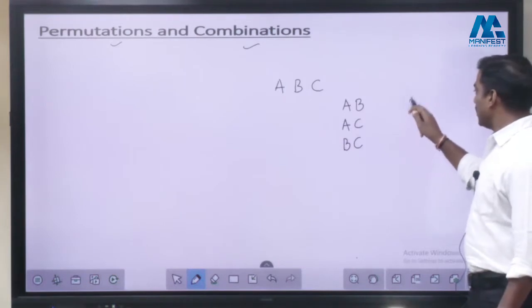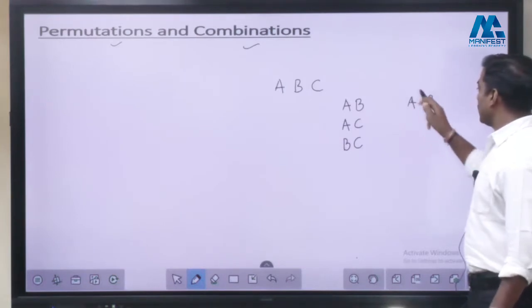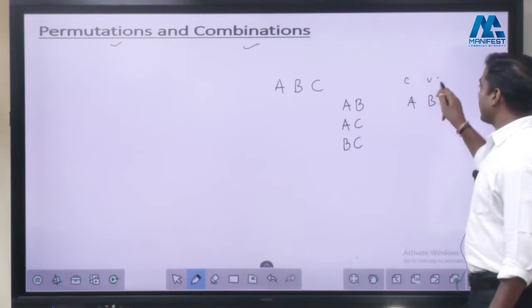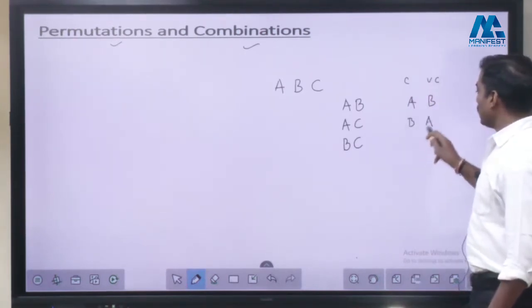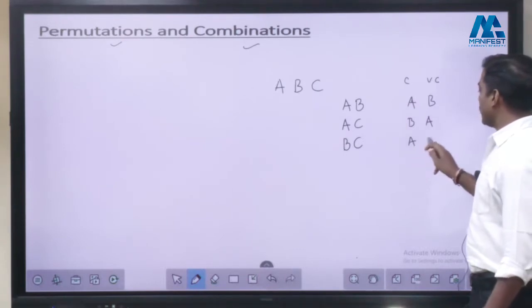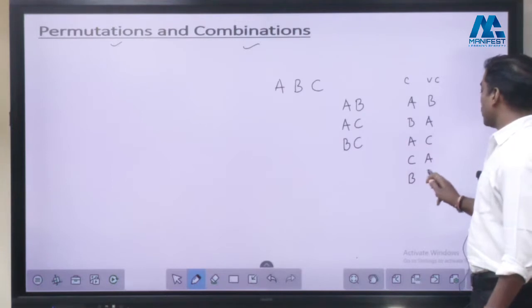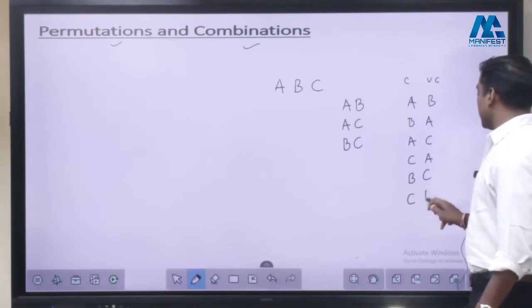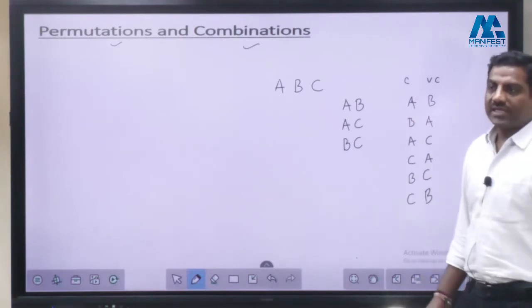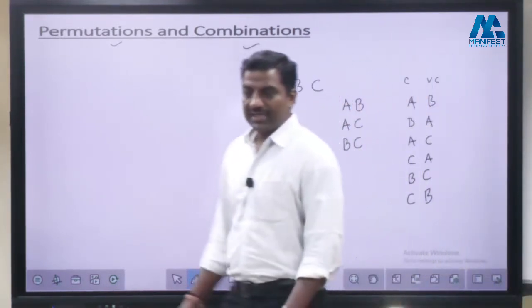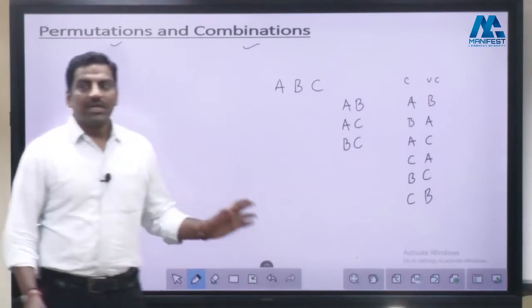A is captain, B is vice captain. Then interchange them. This is one more way. Then AC, interchange them. Then BC, interchange them. How many ways can we send a captain and vice captain? 6 ways.